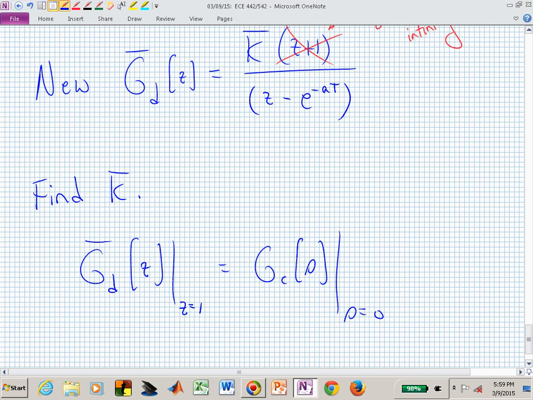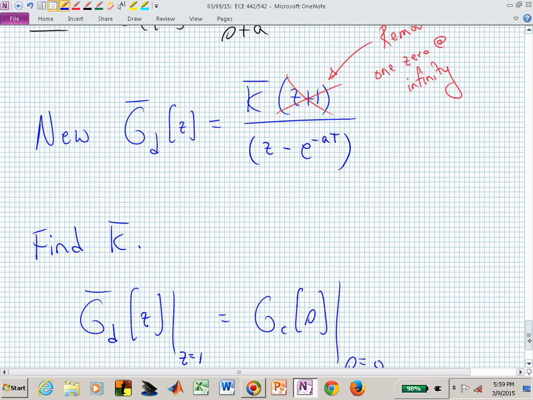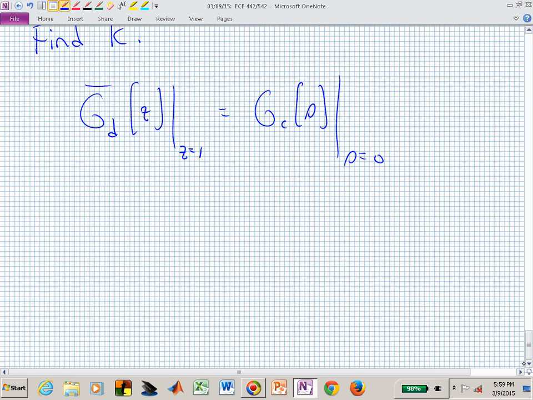We do not have that z plus 1 factor in the numerator, which means that we only have k bar. Downstairs we have 1 minus e to the minus at. And on the right-hand side, we have g sub c of 0, which is a over a, or 1.